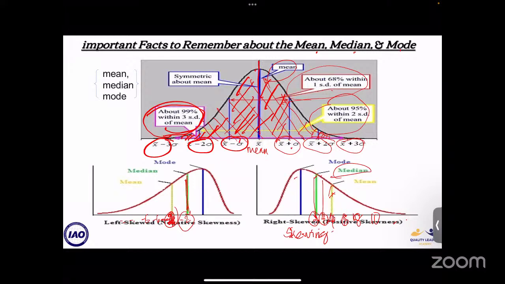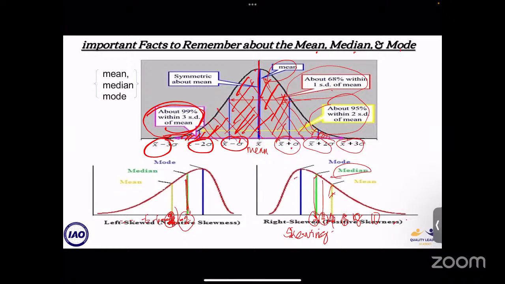For the negative skewing, the median is greater than the mean. For example, -2 for the median, and -4 is less than the median. So -2 is greater than the mean. Is it clear?